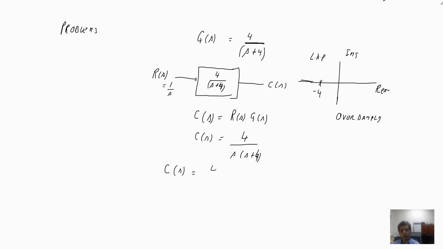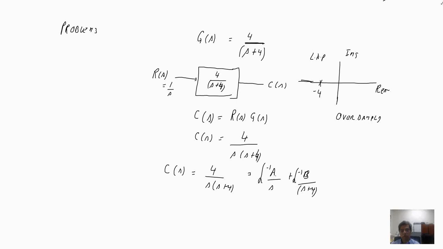This is equal to 4 over s times (s plus 4), which equals A over s plus B over (s plus 4). You don't have to find the values of A and B, so you can directly take the inverse Laplace transform, because A would be a number anyway.